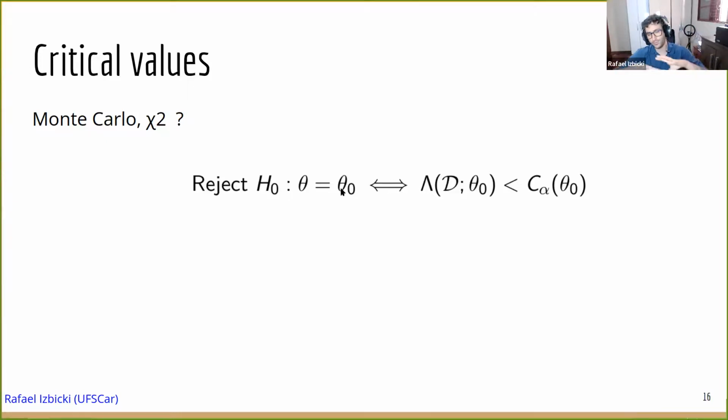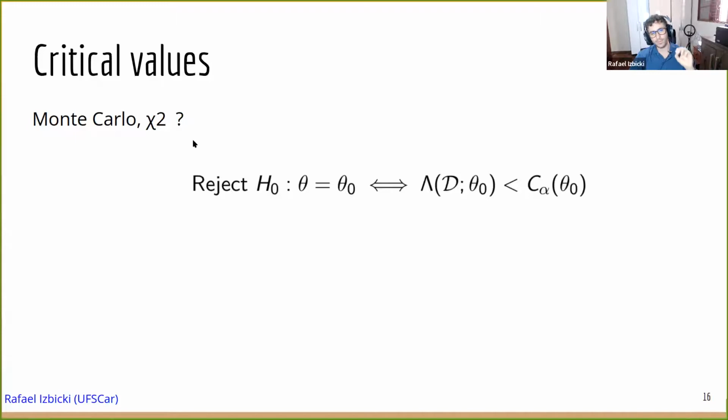You need to grid the parameter space and then do many Monte Carlo samples at each theta zero. So that's not practical if you really want to construct confidence sets. So that wouldn't work.